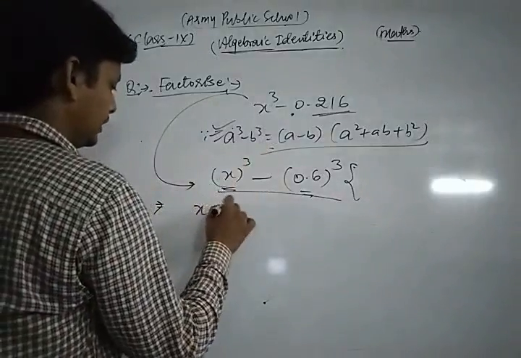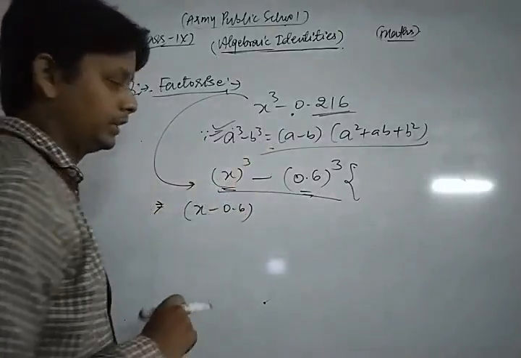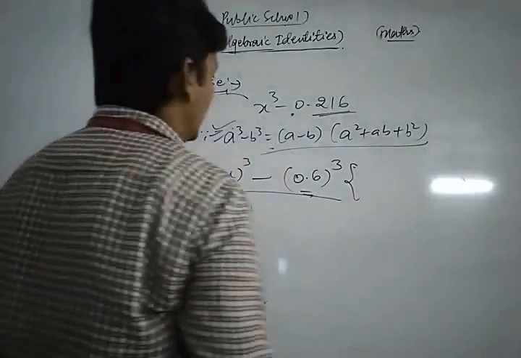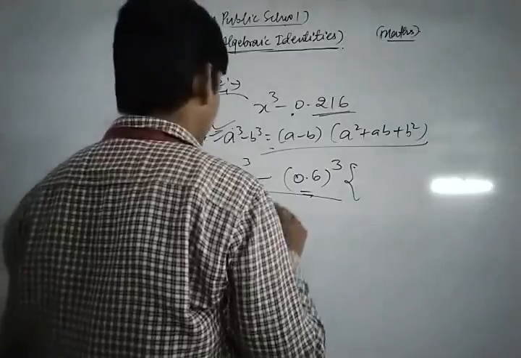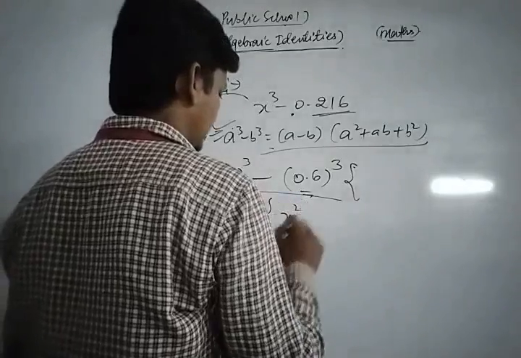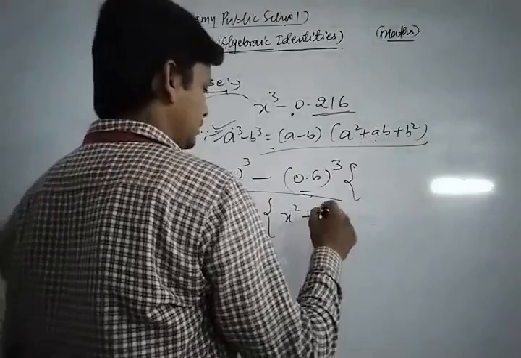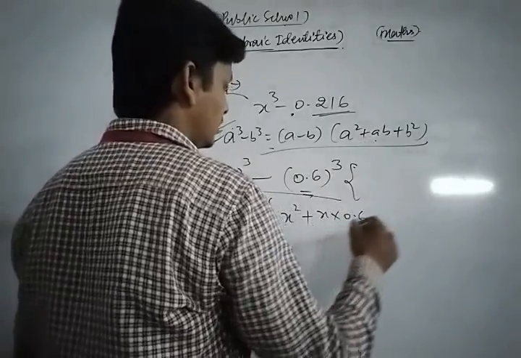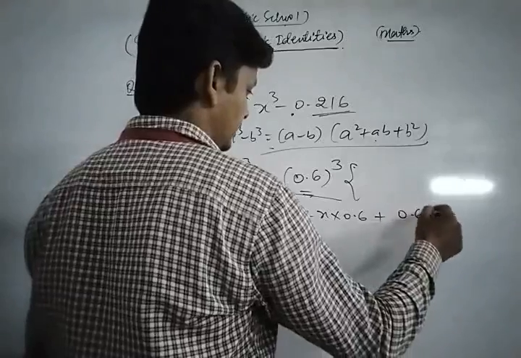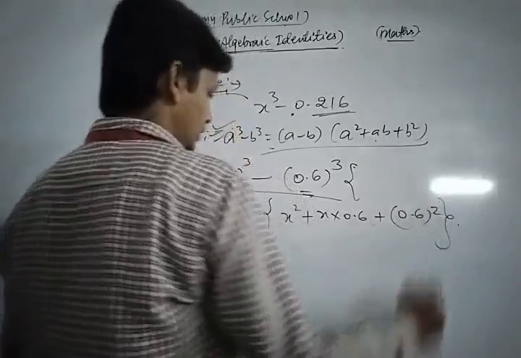So this is (a − b) in one bracket, meaning (x − 0.6), and in another bracket this is a² + ab + b², meaning x² plus x into 0.6 plus b², meaning 0.6².